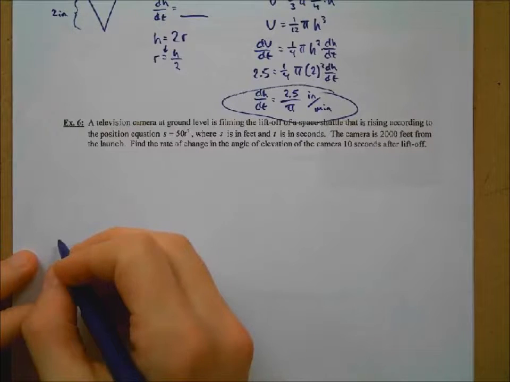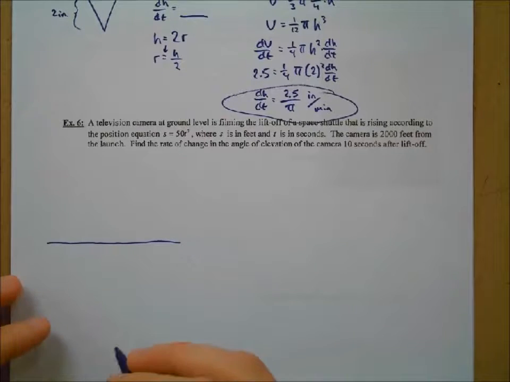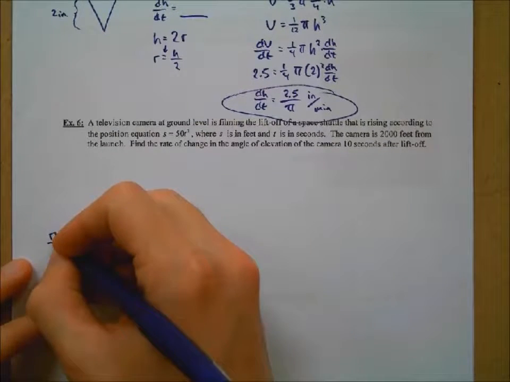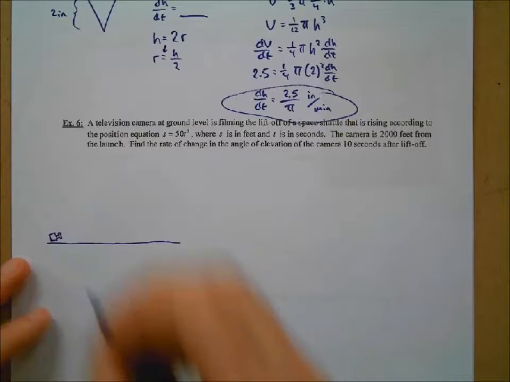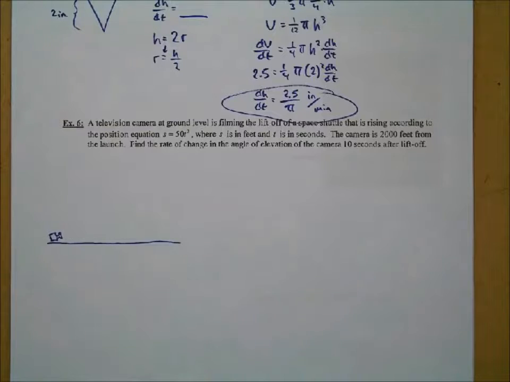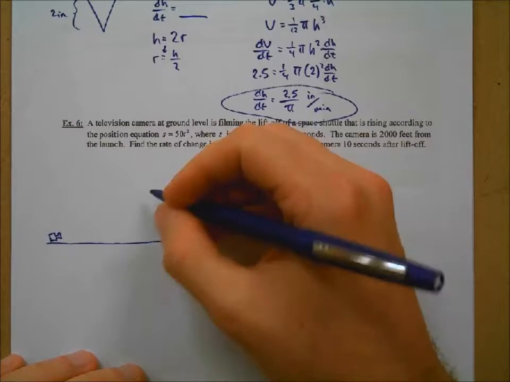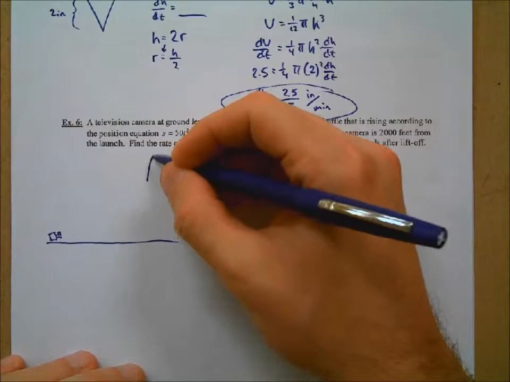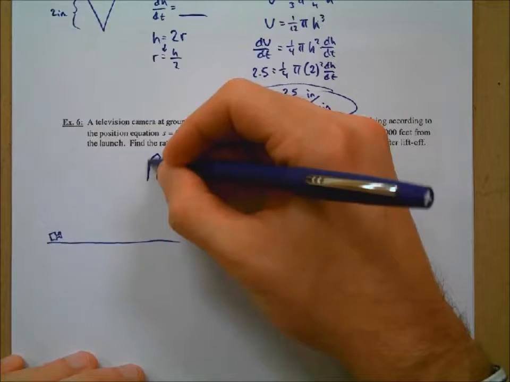All right, so we've got the ground. We'll have our camera. I'm going to draw the camera over here to the left. Okay, there's my little camera. All right, and then we've got our rocket ship. I guess it should be going straight up in the air, not crooked like mine's going there. There we go.